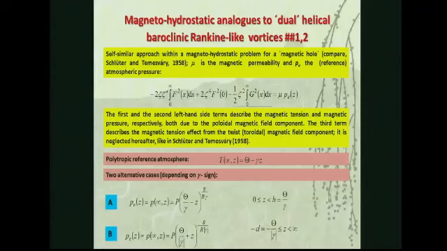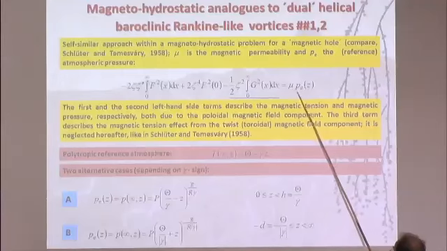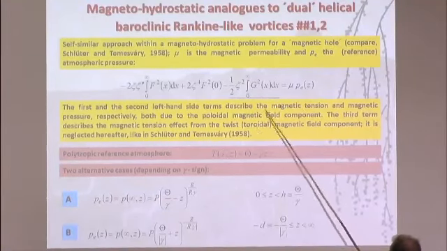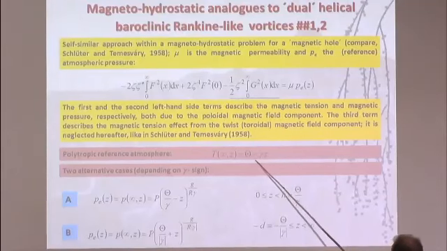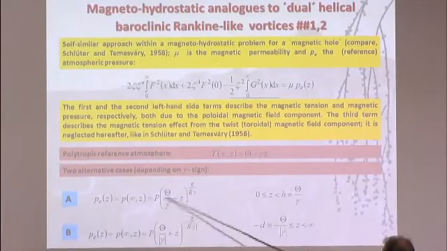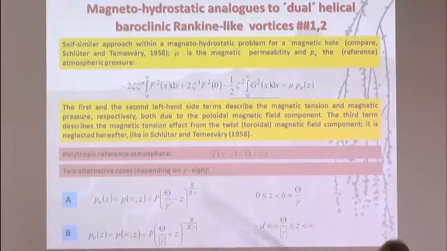If you use the famous analogy with magnetohydrostatics, and you consider a magnetic hole where gas pressure is 0 as the vortex center, and you consider a fully compressible polytropic atmosphere, you can consider two cases, when temperature decays with height and when it increases with height.